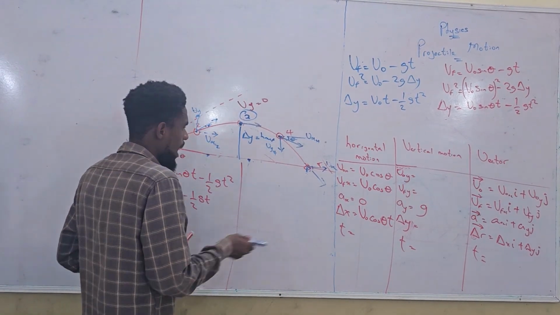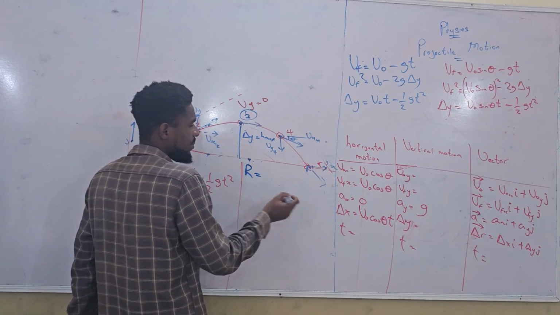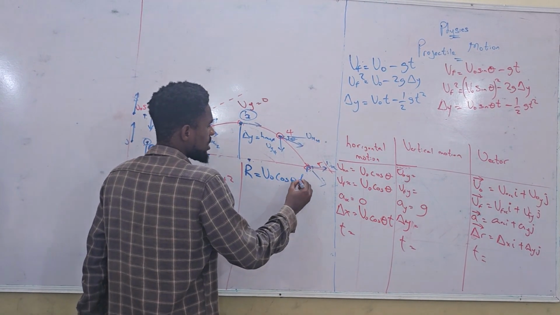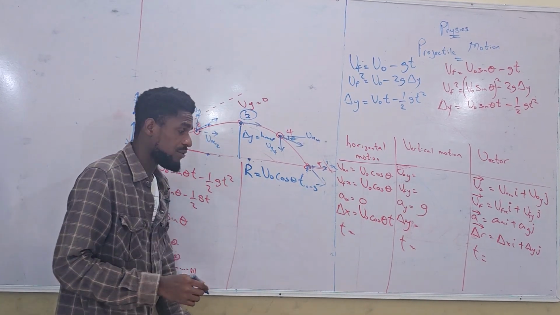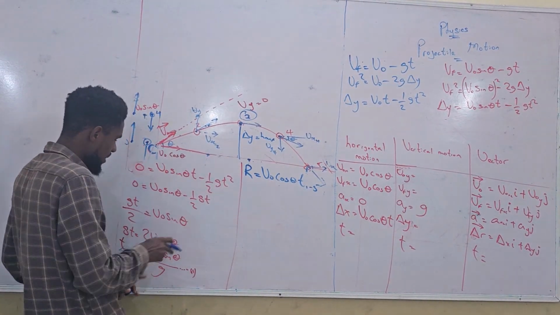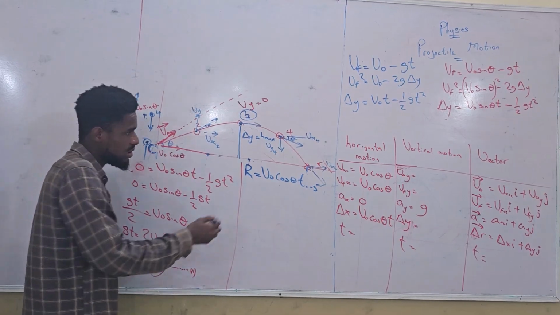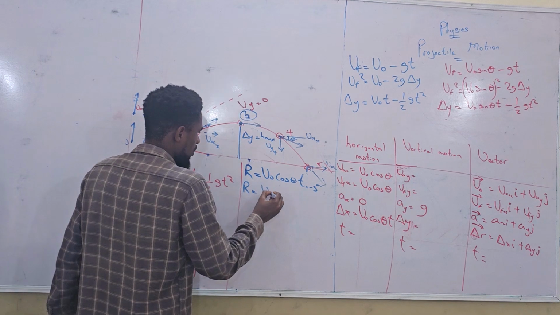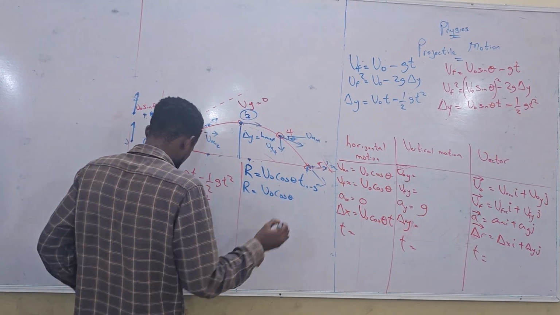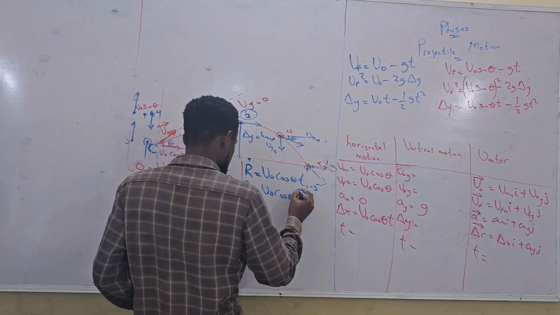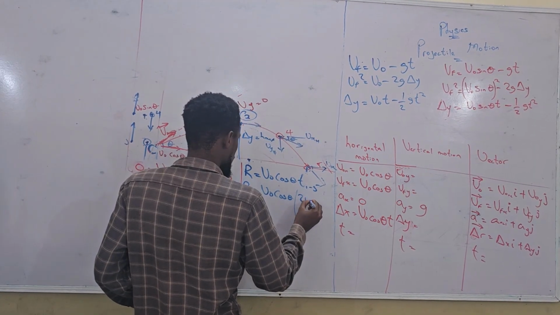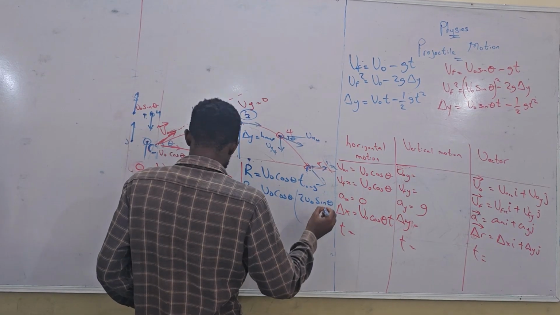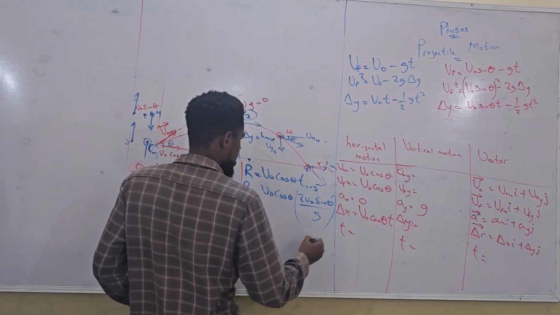So R will be equal to V naught cos theta times t of flight. Now, what's my t of flight? It's 2 V naught sine theta over g. So I can just write that: R will be equal to V naught cos theta, write this in the bracket, 2 V naught sine theta all over g.